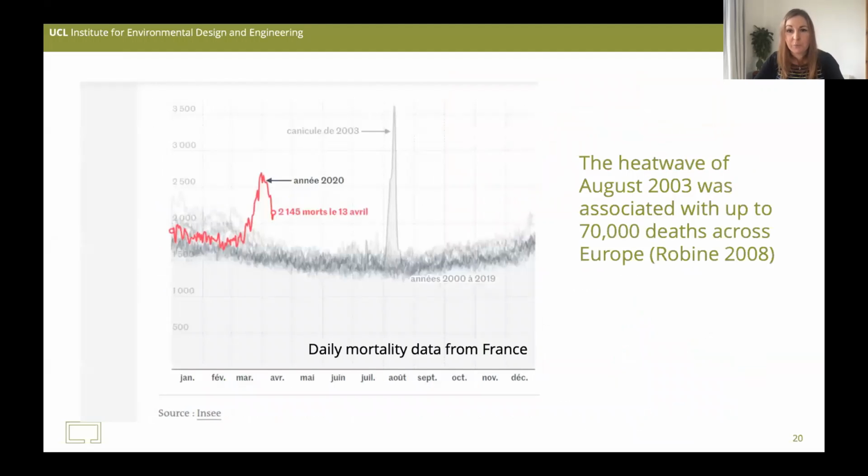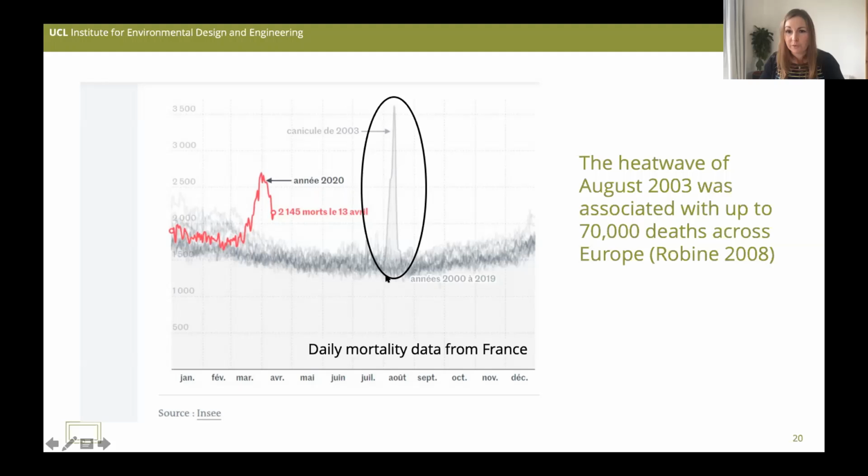To give you an example, this is some mortality data from France, and you can see 20 years of data plotted here. The red line shows the excess mortality for this year, and that obviously reflects the COVID-19 outbreak. But if you look at one of the background years, 2003, you can see this really huge spike in mortality.